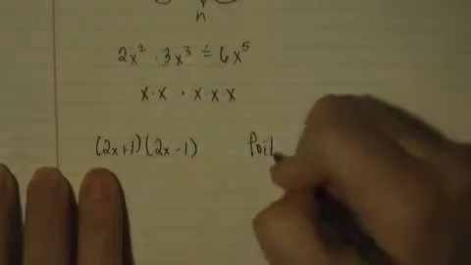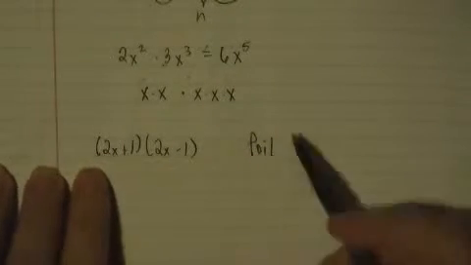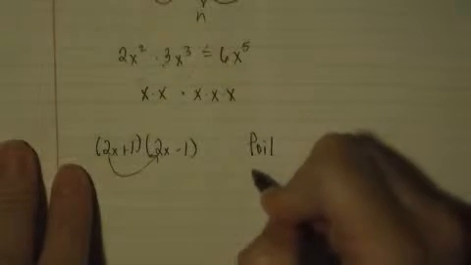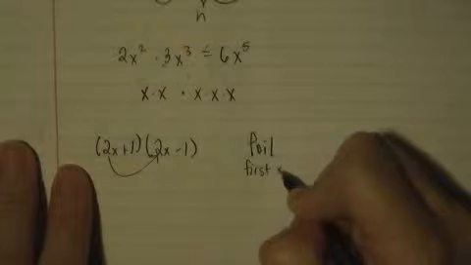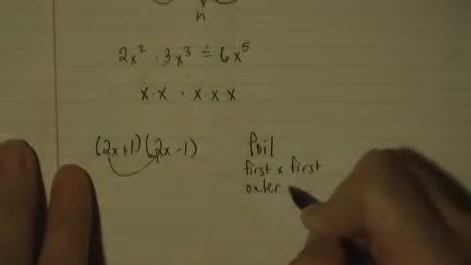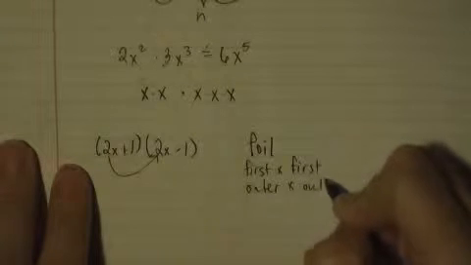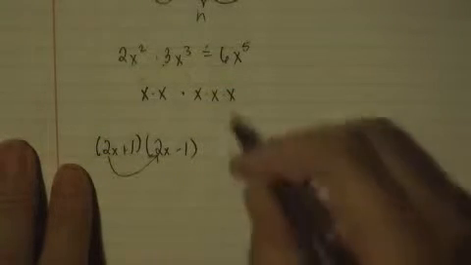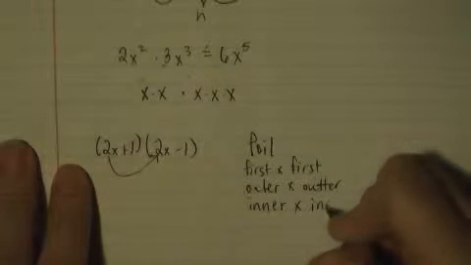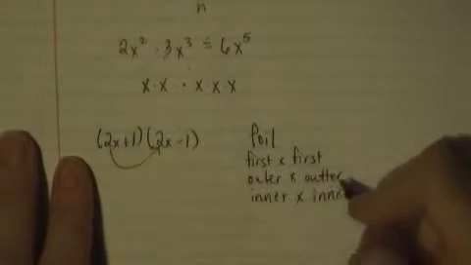You've probably heard of it before, but I'm going to say it a lot. FOIL means take your first times first, outer times outer, inner times inner, and last times last.